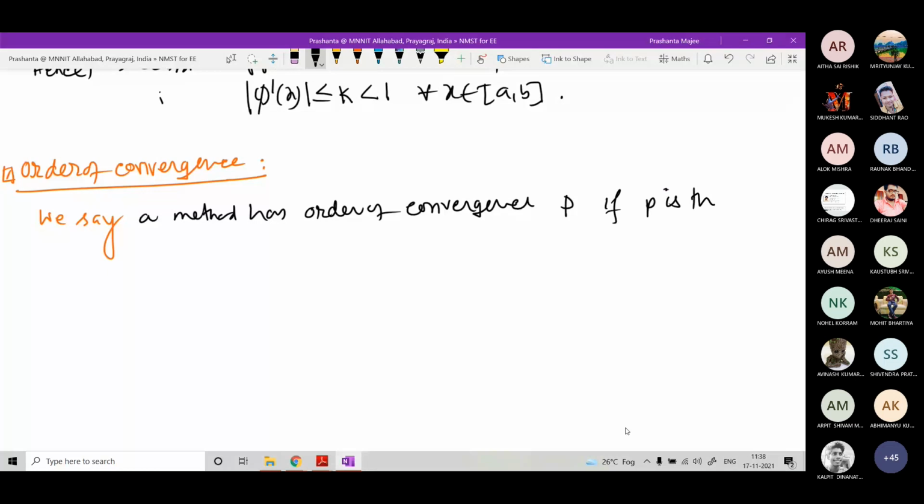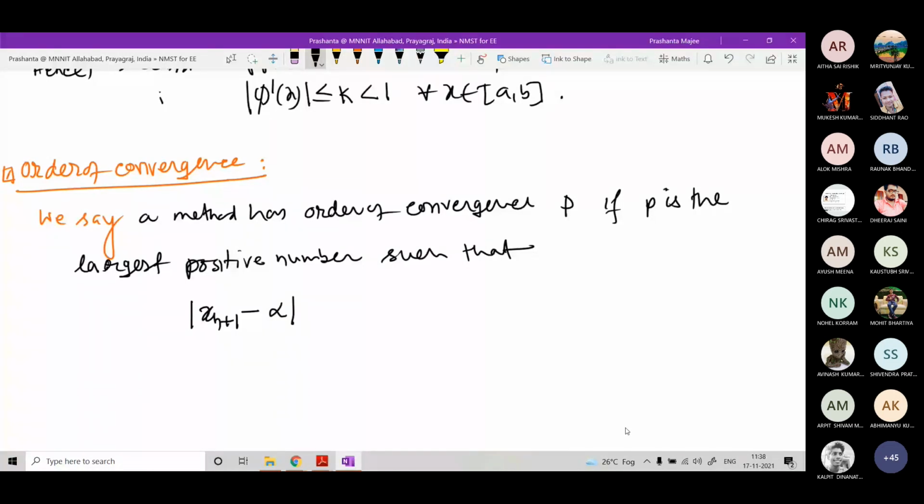p is the largest positive number such that the error in the (n+1)th step, which is x_{n+1} minus alpha (alpha is the exact root, x_{n+1} is the approximate root in the (n+1)th step), is less than or equal to some constant c times the pth power of the error in the nth step, so |x_n minus alpha|^p.